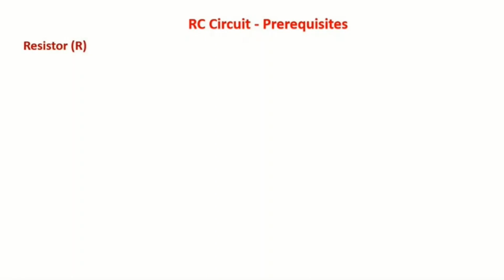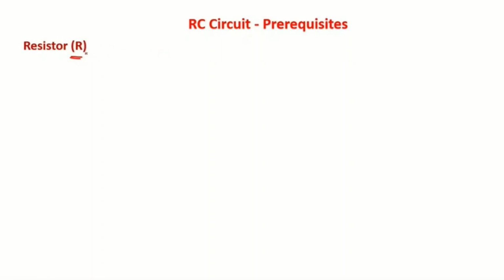We are going to understand some of the prerequisites of an experiment called RC circuit. When we talk about R and C, we know that R represents the resistor and C represents the capacitor.